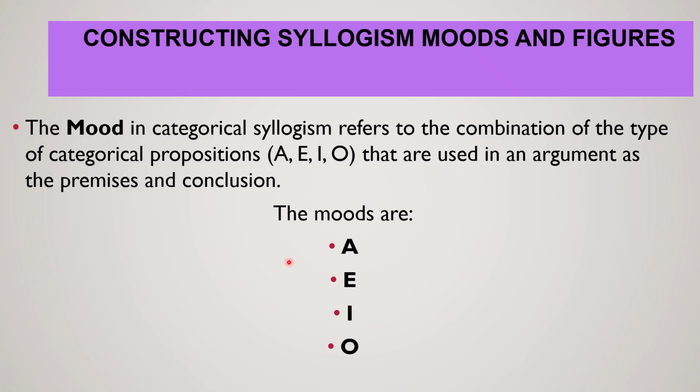And the moods are A, E, I, O. In the first episode, we talked about A. For example, we say these are the propositions that take the form of all S are P, and that is a mood of A. E, we said no S are P, that is the mood of E. I, we talked of the mood of some S are P, and O is a mood of a proposition, some S are not P.